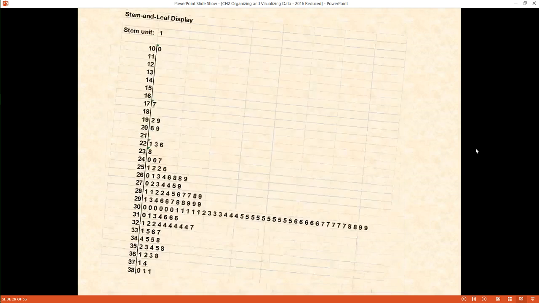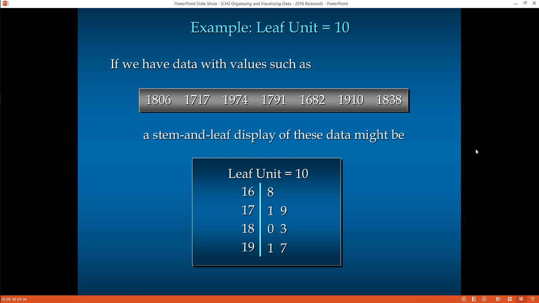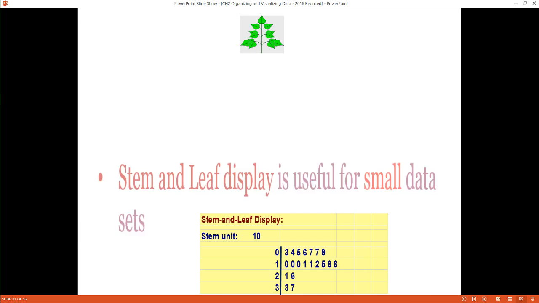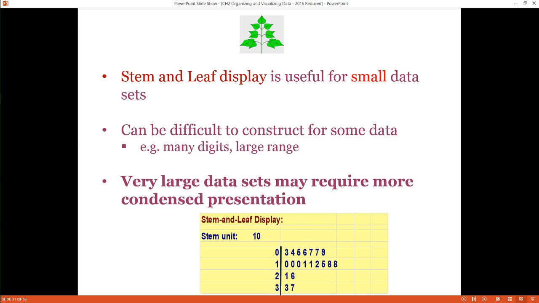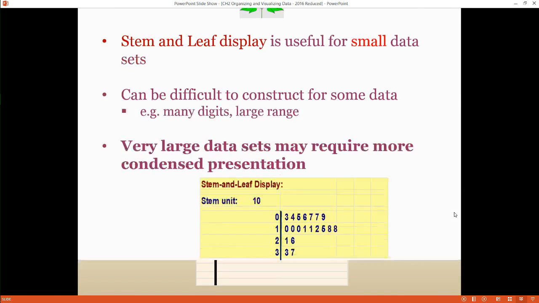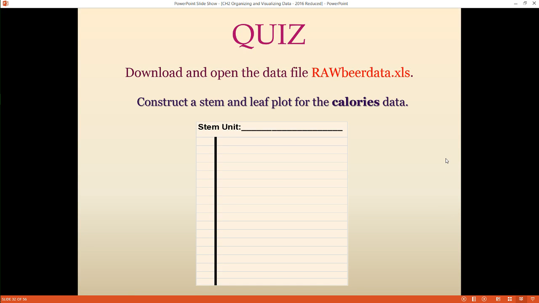That wouldn't be too good. So let's come up with some other ways to present large data sets, and that will be our frequency distribution tables and histograms, etc.